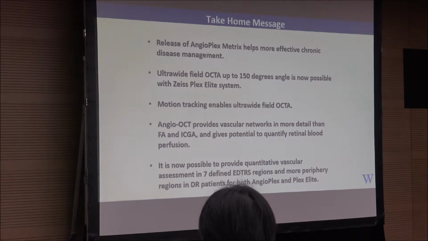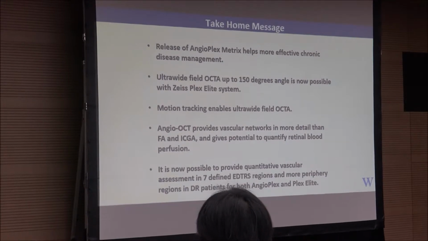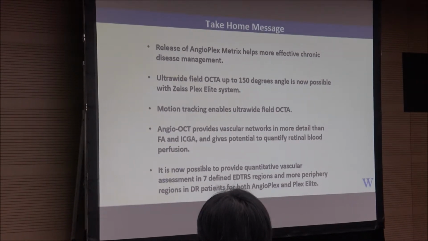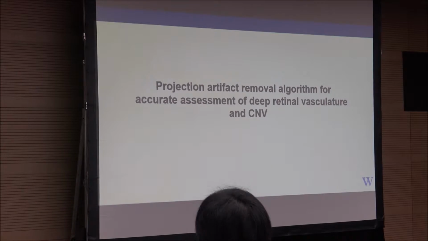Of course, OCTA provides the vascular information in more detail than the FA and the ICGA. And it's now possible to provide a quantitative vasculature assessment in 7 defined ETDRS regions and more periphery, of course, of the DR patient for both Angioplex and Plex Elite. So this is the first topic I talk about.